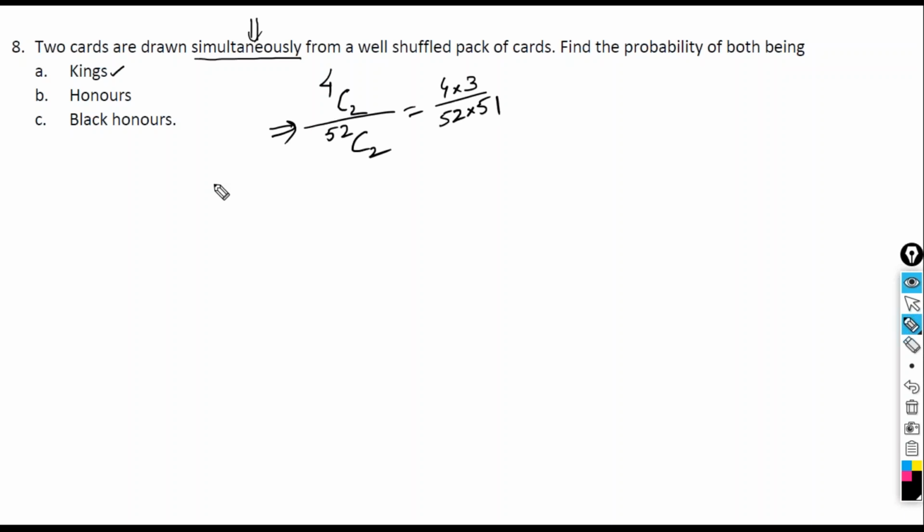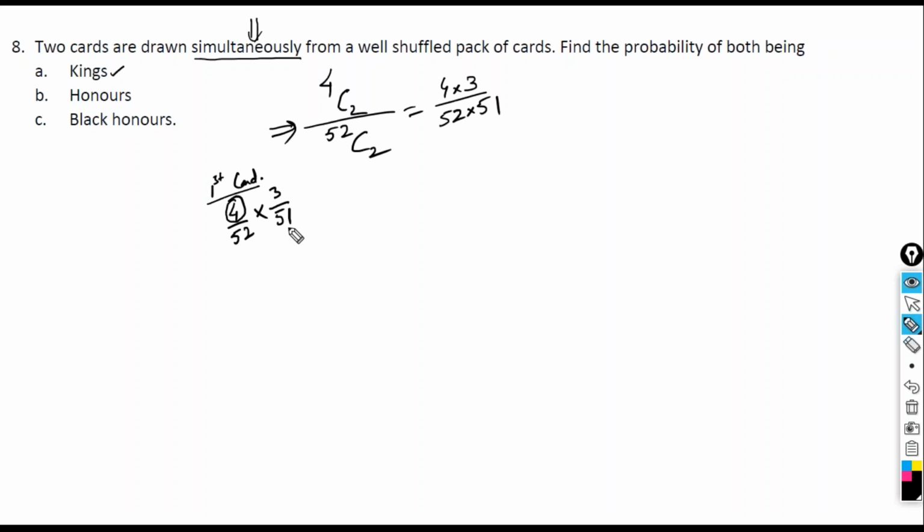Or I can say, when I draw my first card, as I require a king, out of 4, any king comes to me. So the required probability for the first being a king is 4 by 52. Because we have taken out that card, for the second card it is going to be 3 by 51.